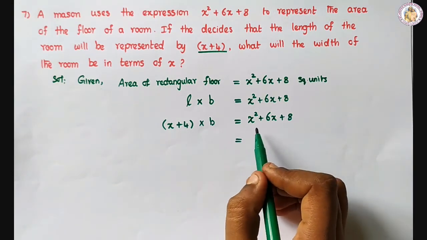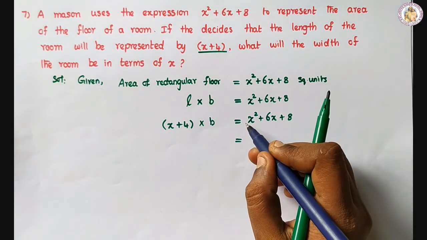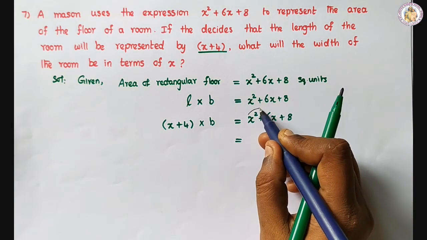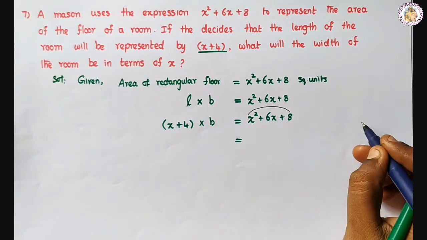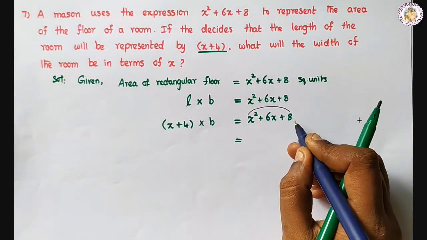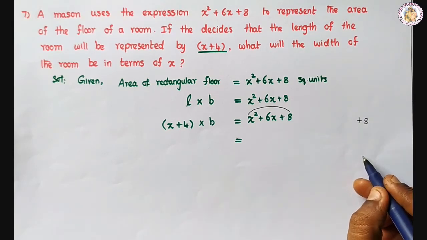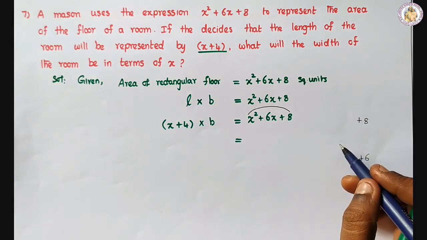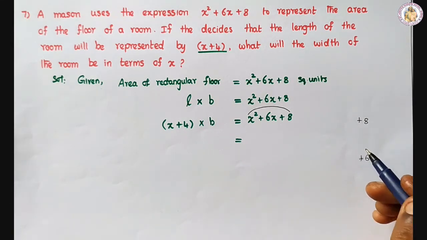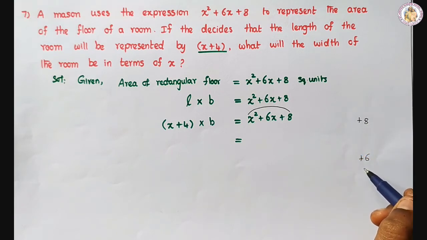Now we want to find the factors of this expression. Listen, the coefficient of x squared into the constant term: plus into plus, plus, 1 into 8 is 8, and the coefficient of x is plus 6. We want to find two numbers: multiplying must give 8, and adding must give plus 6.